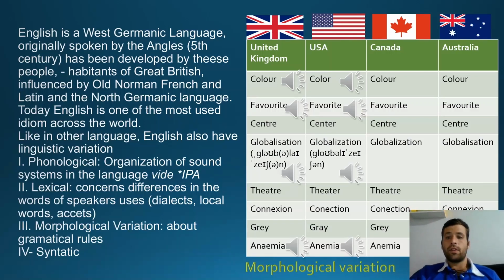Let's see some variation between Anglophone countries. When we talk about color in the United Kingdom, colour. Now color in the USA, color. Favourite in the United Kingdom, and favorite in the US. Globalisation and globalization.